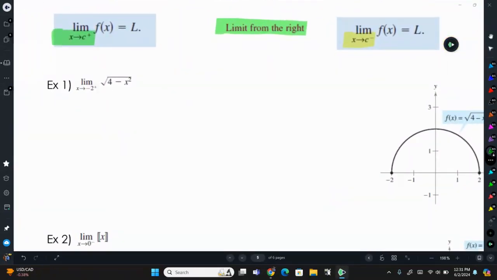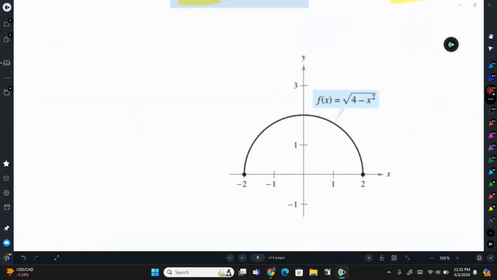So it says the limit as x approaches -2, and that little plus sign means from the right. All right, so we look at that. Here is x equals -2, and we're going to follow the graph from the right side.